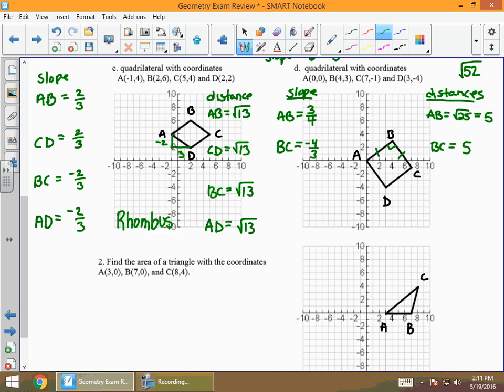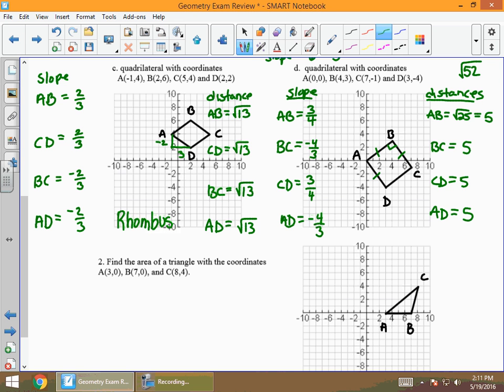You can keep checking the rest if you would like, but you're going to find that CD has a rise of 3 and a run of 4 and a distance of 5. And you'll notice that AD has a slope of negative 4/3 and a distance of 5.